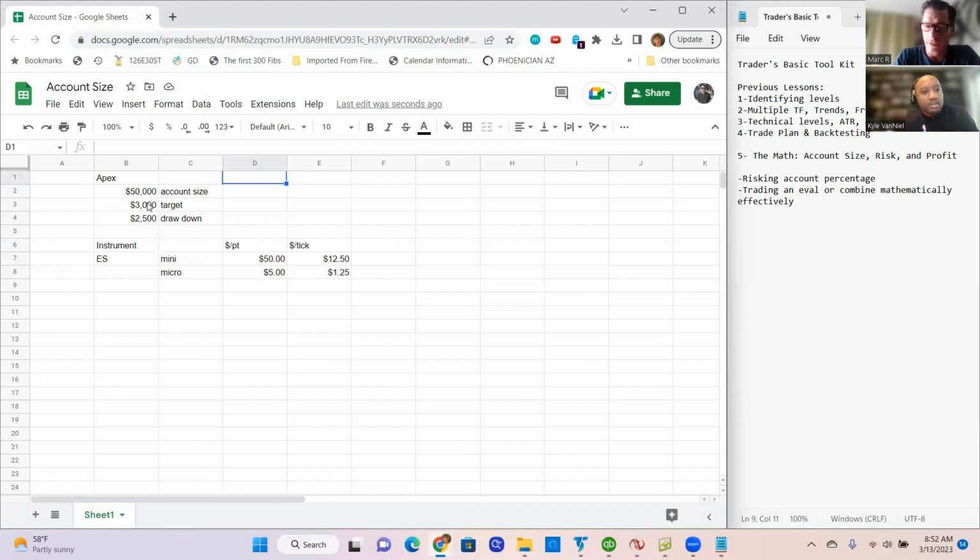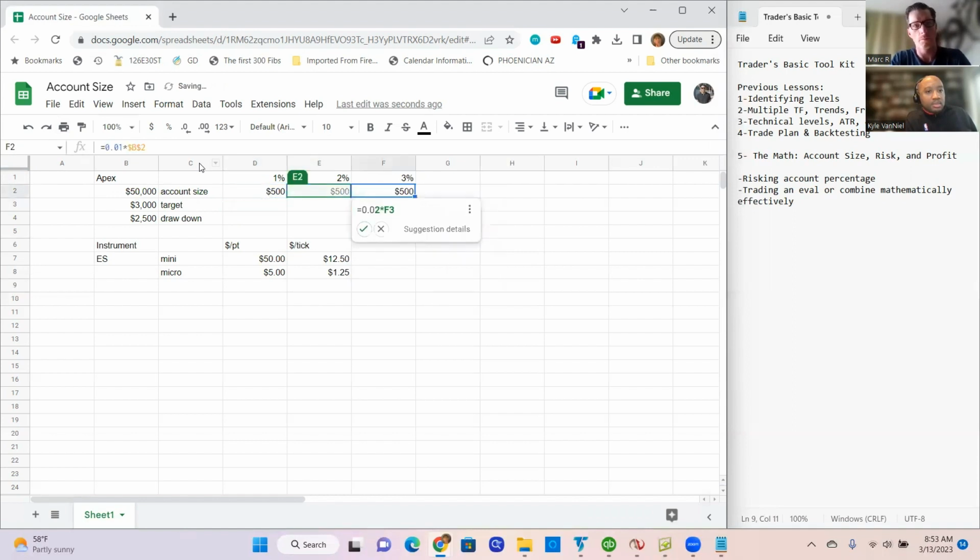Let's just look at this real quick so you can see the numbers on this: 1%, 2% and 3%, what does that look like?